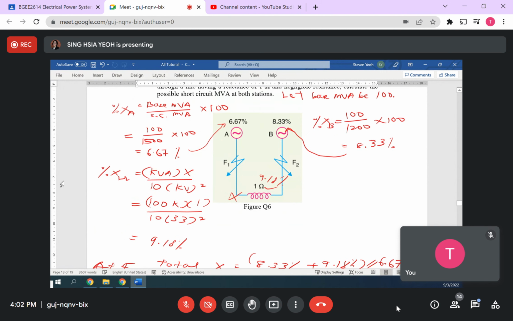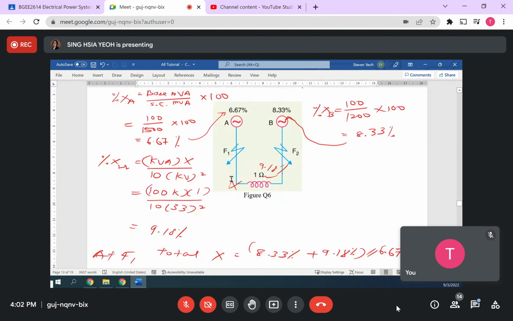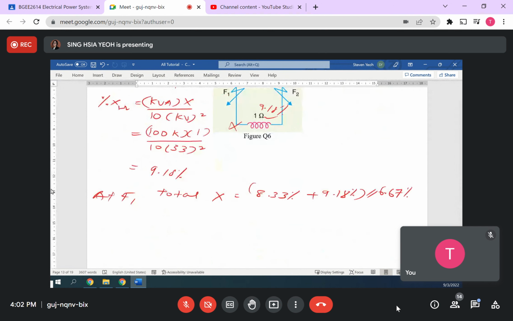It's in series, right? Then you parallel here if you're at F1. Then from here you will get 4.83, I think.